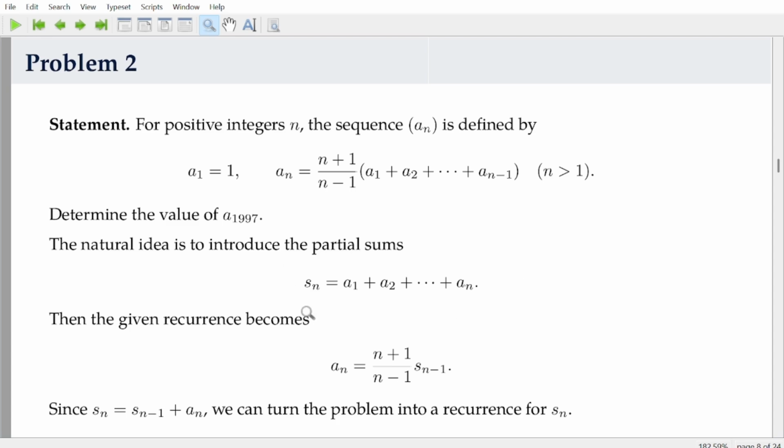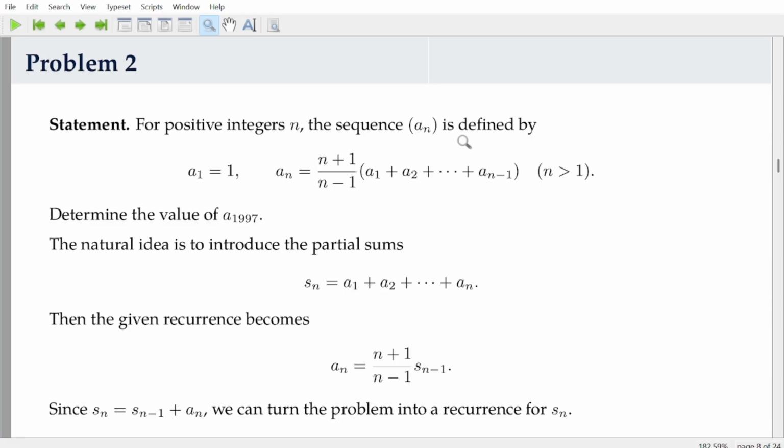Okay? And once we do this, what you realize is that s sub n minus 1 is just the sum of the first n minus 1 terms in our sequence, which is exactly this thing here. So that means our recurrence now becomes a lot cleaner, because it becomes a sub n equals n plus 1 divided by n minus 1 times s sub n minus 1. Okay? And of course, the nth term of our partial sum sequence, s sub n, is equal to s sub n minus 1 plus a sub n, right?